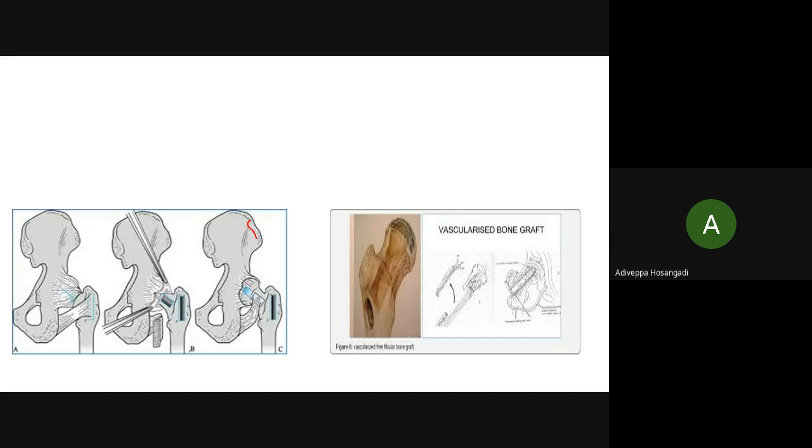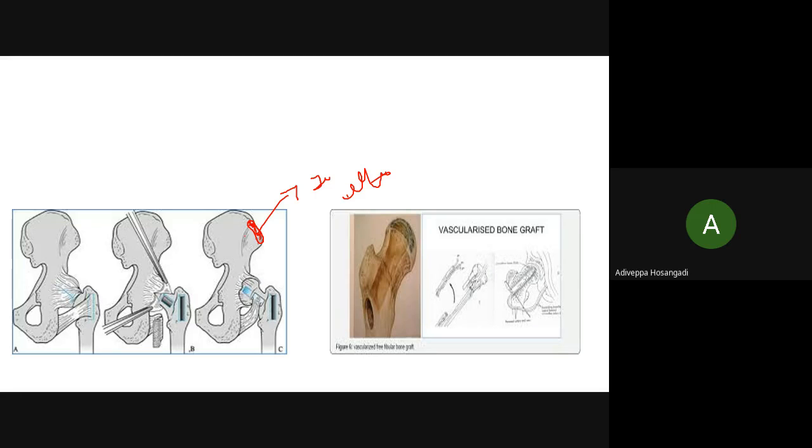Similarly, there is the anterior portion of the iliac crest on the outer aspect. What is the muscle which is attached here? Iliotibial band. So that also you can take. You take a muscle attached with the bone and fix it.